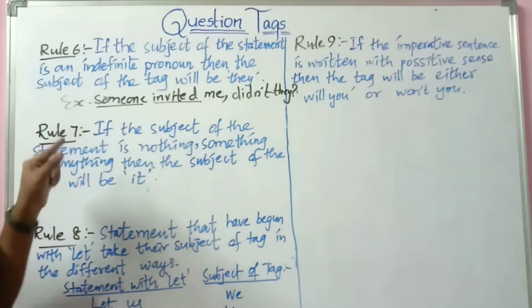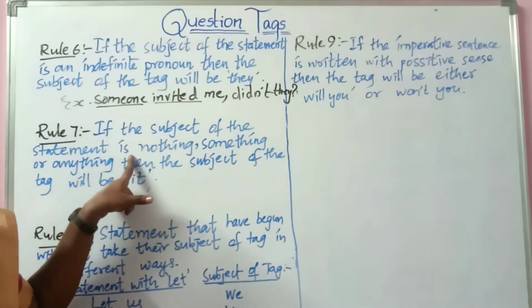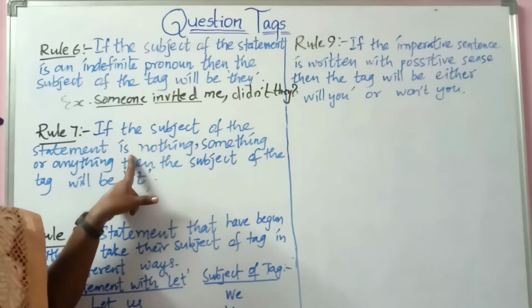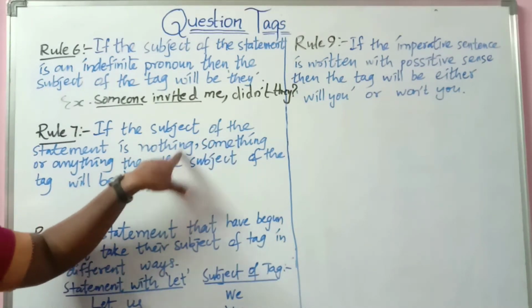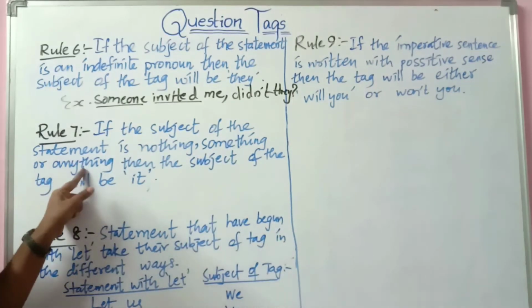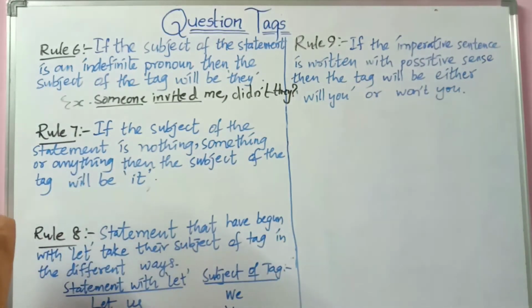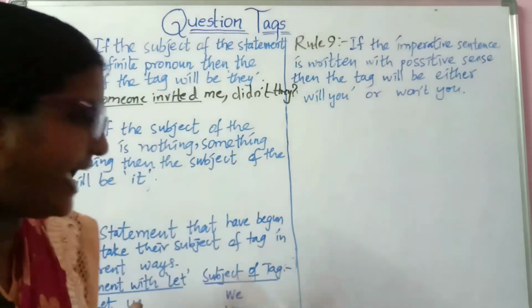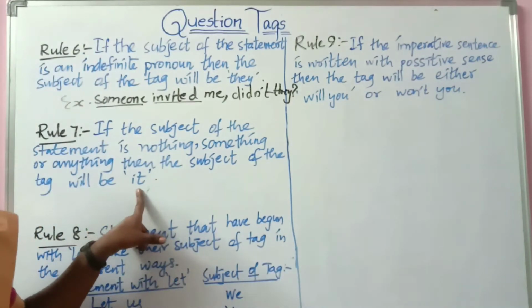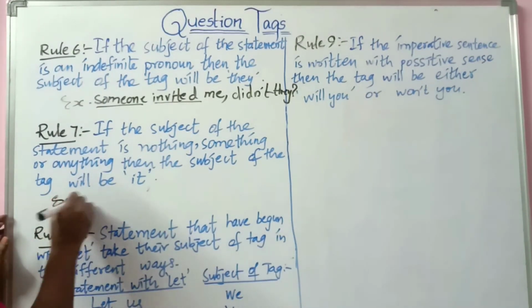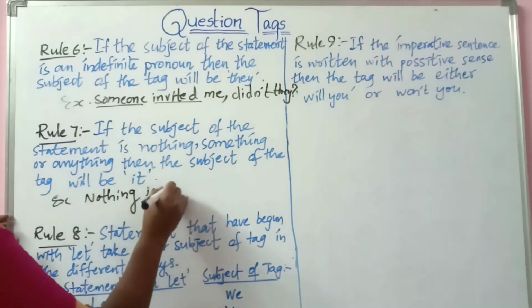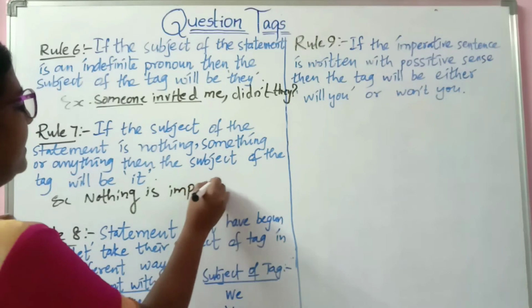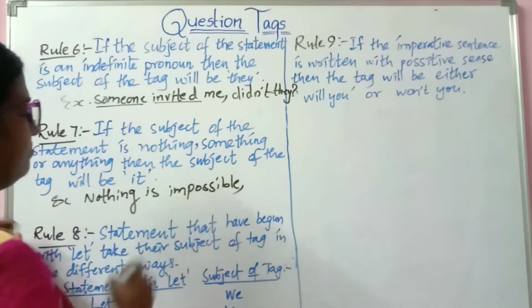When the statement starts with the subject nothing, something, anything, then when we write the tag, we have to take it. Example: Nothing is impossible.